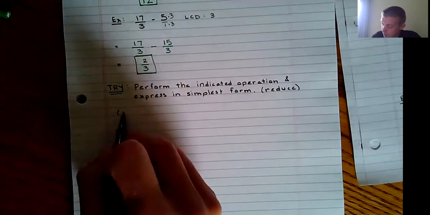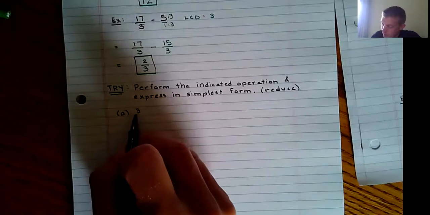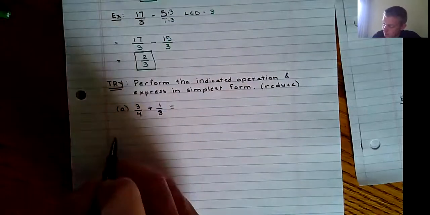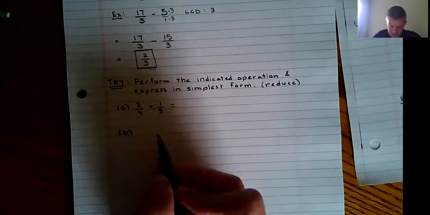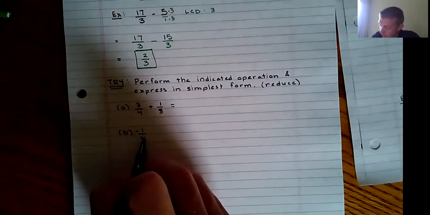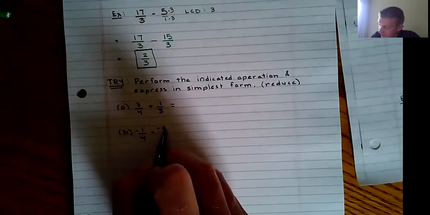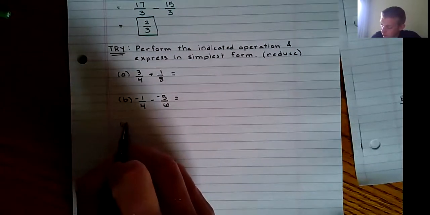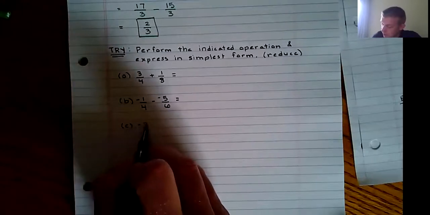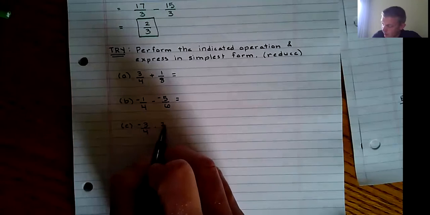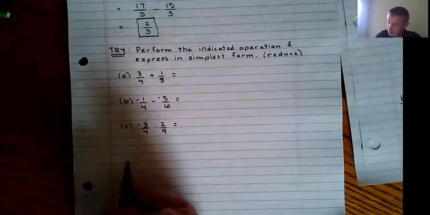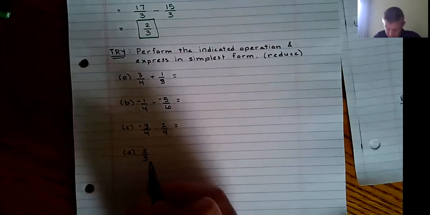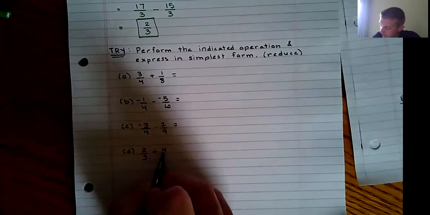And I've got 4. The first one is going to be 3/4 plus 1/8. Second one, let's do negative 1/4 minus negative 5/6. This one right here, I'm going to do negative 3/4 times 2/9. And the last one will be 2 thirds divided by 4/5.